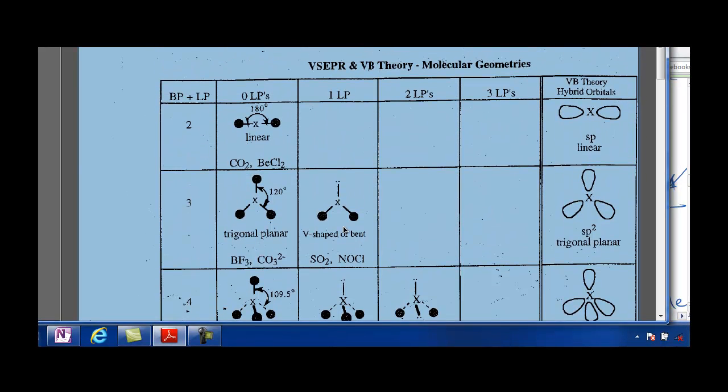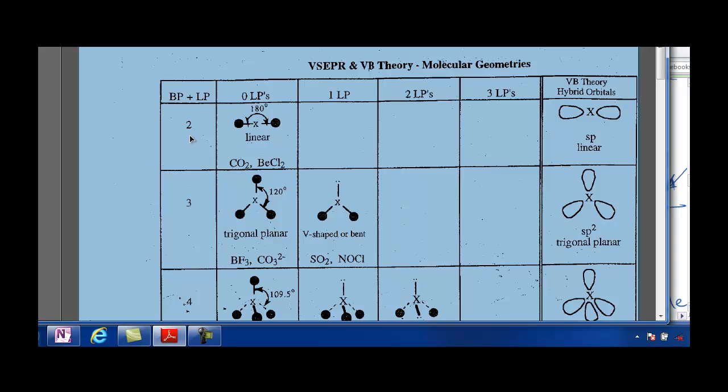VSEPR, I am going to have CO2, bond pairs and lone pairs, 2. I have no lone pairs. I only have 2 bonds. I don't care if it's a single bond or a double. I don't care if I have 1 electron pair or 2 or 3, but I have 1 region of negative charge pointing east and 1 pointing west.